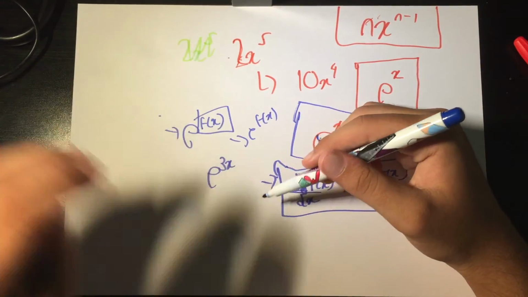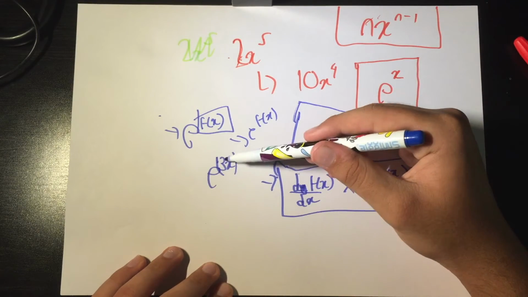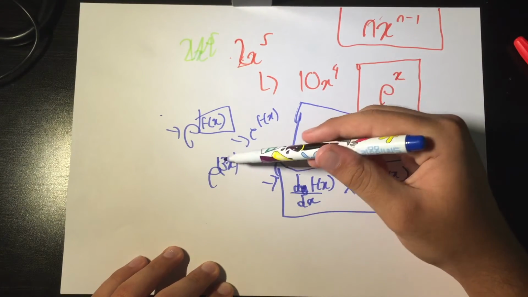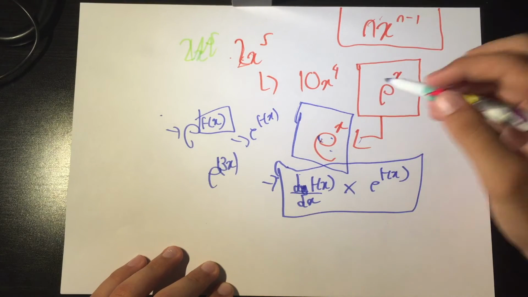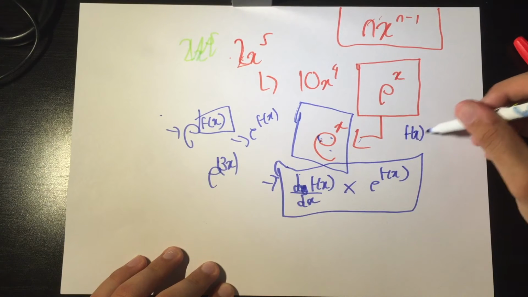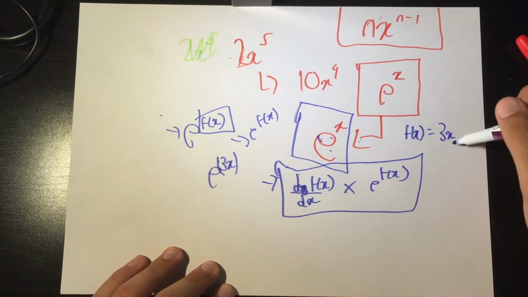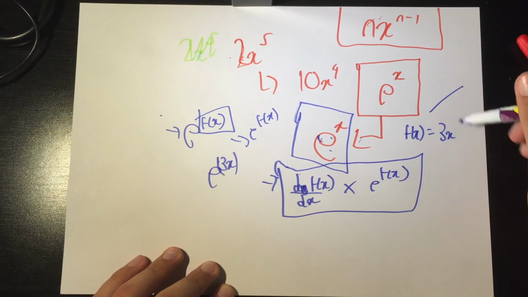So e to the 3x, well, take the derivative of the function e is raised to, so 3x. So the derivative is 3. And how do you know that? Because f of x is equal to 3x. So the derivative of this is 3. You already know it's a straight line. So derivative is 3.